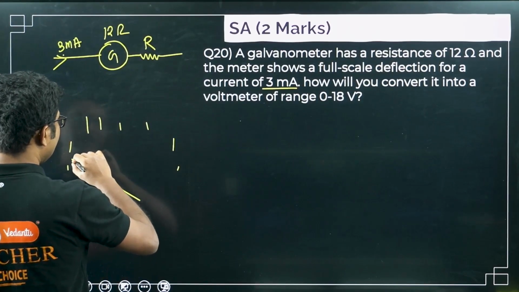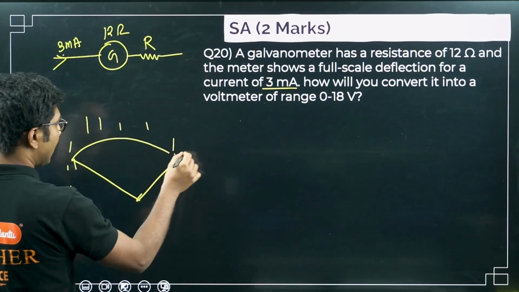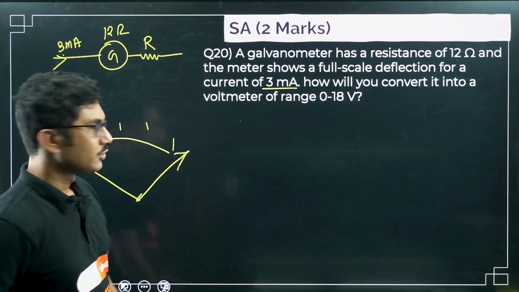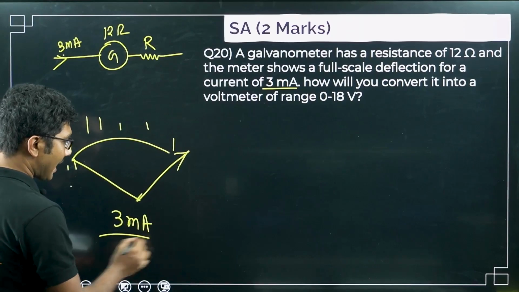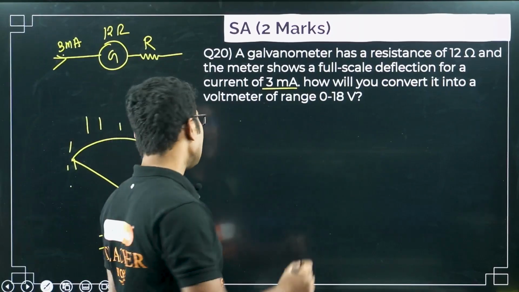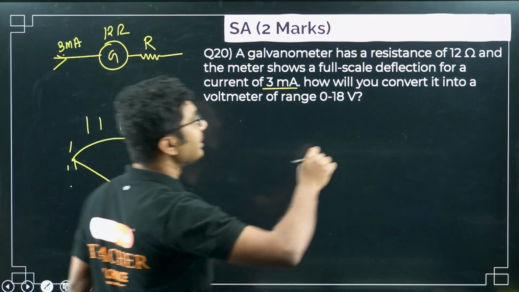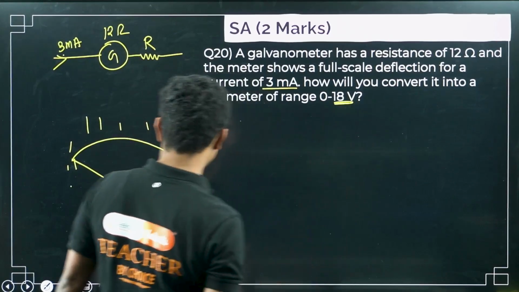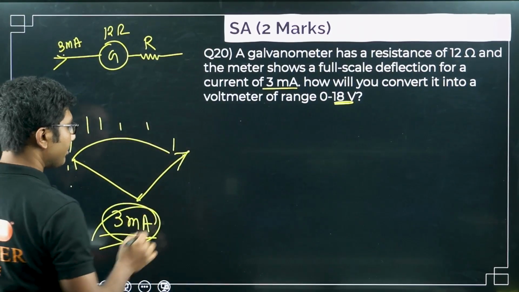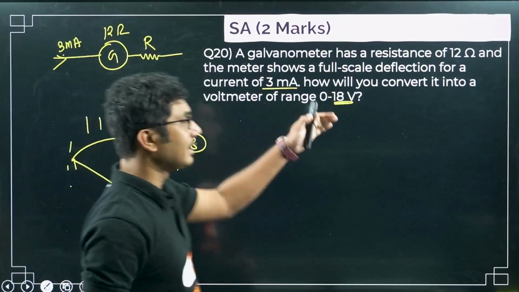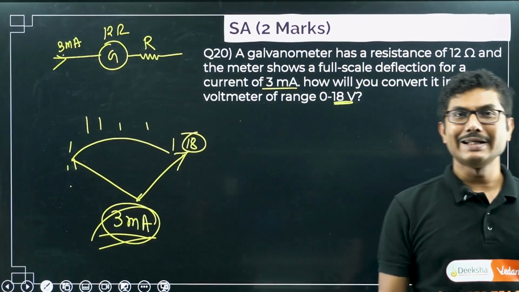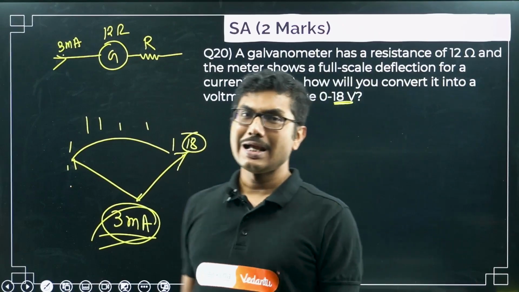It goes to the maximum position at 3 milliampere current. So the maximum current that can pass through is 3 milliampere. When the maximum current is passing through the voltmeter, the maximum reading should be 18 volts. Why? Because the range of the voltmeter is 18 volts. So the range is already given to you.